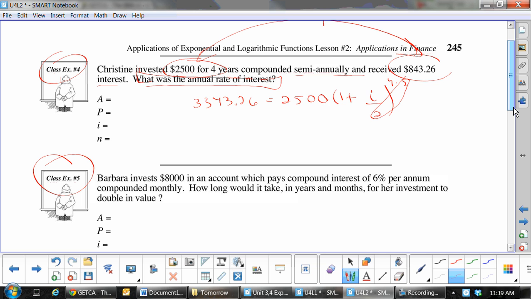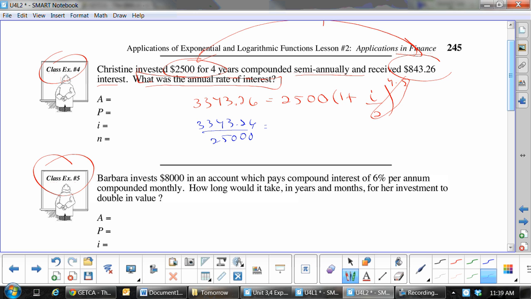Okay. Now what would be the next process in solving this? Got to divide it out, right? Because you can't get that I exposed until you get the 2,500. So we won't even calculate it. We'll go like this, 0.26 over 2,500. We'll leave it as a fraction.